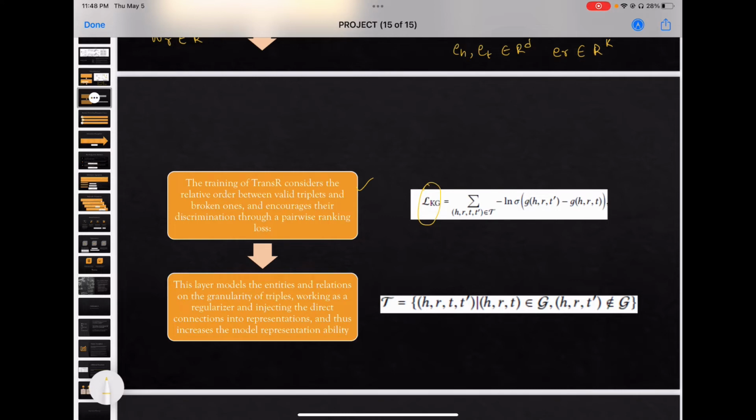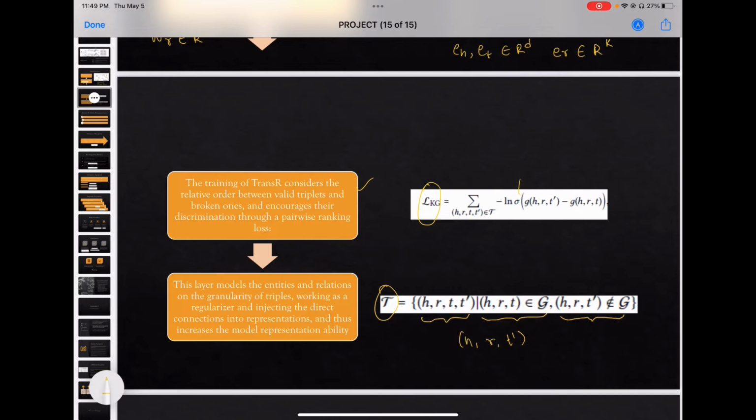Here, a set T, which includes this quadruplet (h, r, t, t'), is formed by using an already existing triplet (h, r, t) which belongs to G and forming a new triplet (h, r, t') which does not belong to G. (h, r, t') is formed by replacing one entity in a valid triplet randomly.